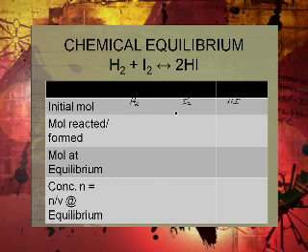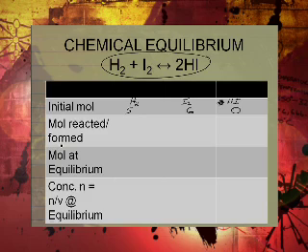When I balance this, I would have a 2 there. This is my balanced chemical equation. In the beginning, I'm told that I start with 5 moles here and 6 moles there. And at the beginning, there was nothing there.